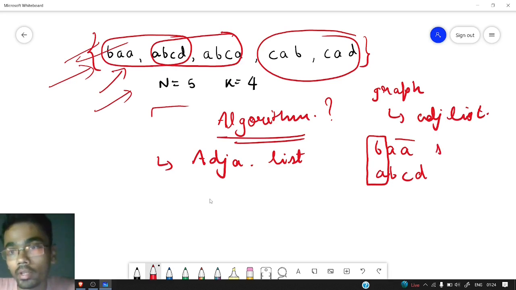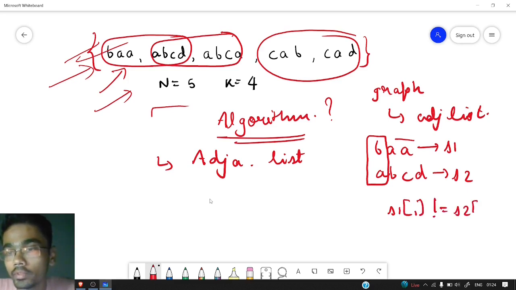Let us name one string S1 and the other string S2. So whenever S1 of I is not equal to S2 of I, we can say that this particular I is the point of difference.